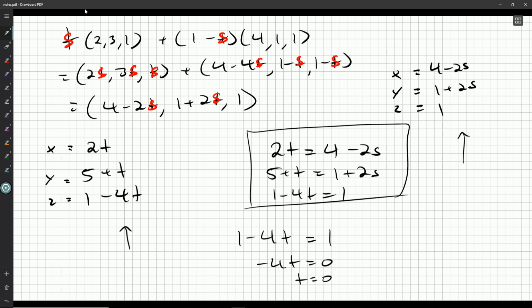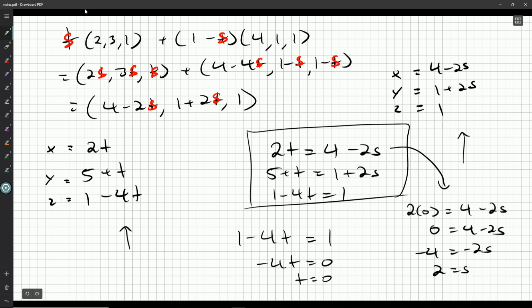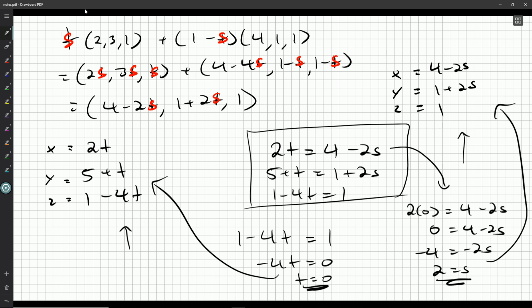Now that I know t should be 0, I could plug it into the first equation. So 2 times 0 is 4 minus 2s. So 0 is 4 minus 2s. Negative 4 is negative 2s, so s should be 2. Now if I take this value for t and s and plug them back into their respective lines, do I get the same values for x, y, and z?